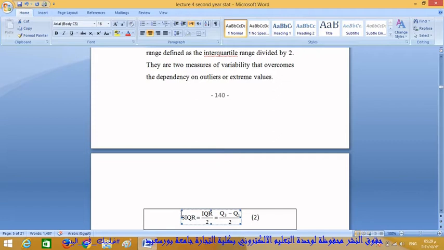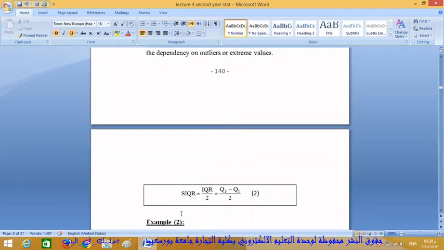So the semi-interquartile range is used when the data set contains some extreme values or outliers, right? Semi-interquartile range, denoted by SIQR, equals IQR divided by 2, or Q3 minus Q1 divided by 2.